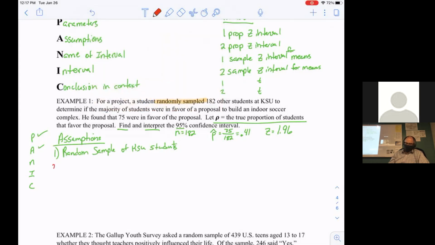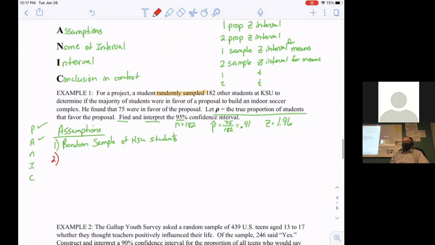What's our second assumption? My sampling distribution should be approximately normal. And we have to give evidence of why it is. So why is it approximately normal?